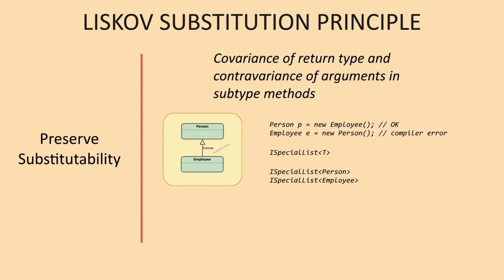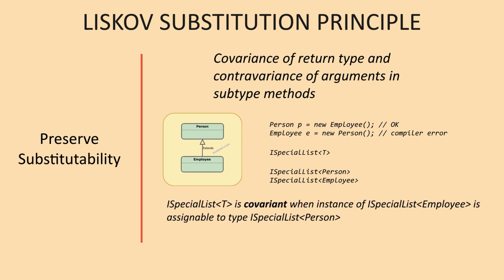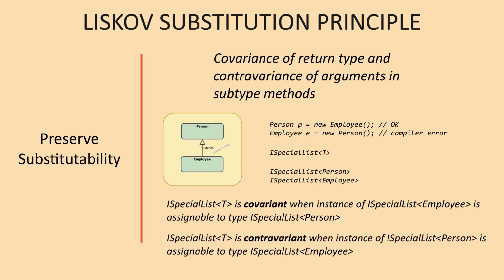However, we can allow these assignments to work using variants. If we allow assigning the object of ISpecialist of employee to type ISpecialist of person, then we say ISpecialist of T is covariant. If we allow assigning object of ISpecialist of person to type ISpecialist of employee, then we say ISpecialist of T is contravariant.